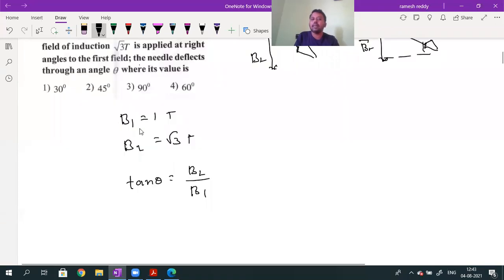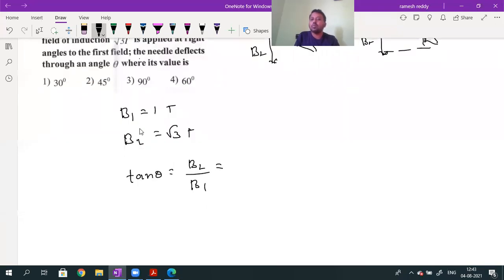B2 is root 3 and B1 is 1, so tan theta equals root 3. What is theta? Theta is equal to 60 degrees.